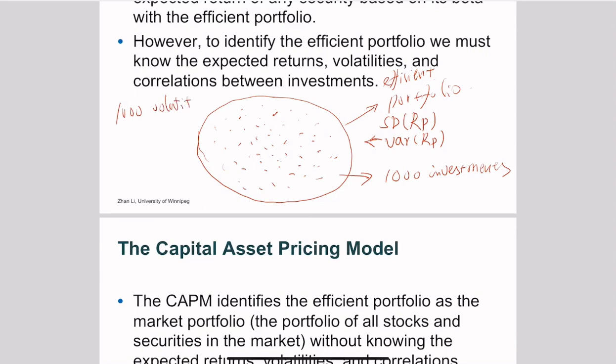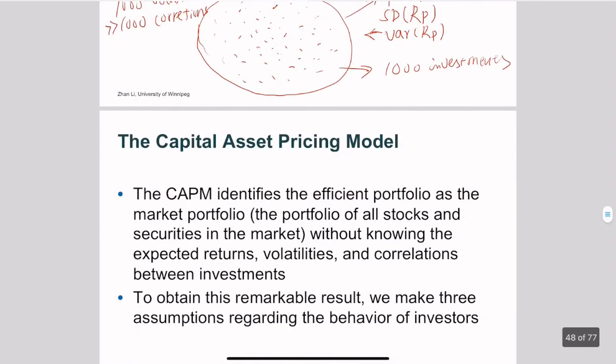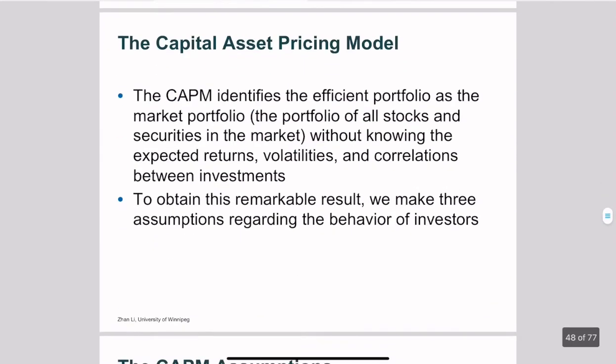Because we have 1,000 individual investments, and we also need to look for the correlation between each different investment, and we actually have to look for a number which is much larger than 1,000, right? So this is a hard task, and now we want to make our life easier.